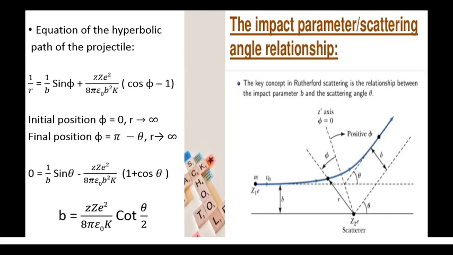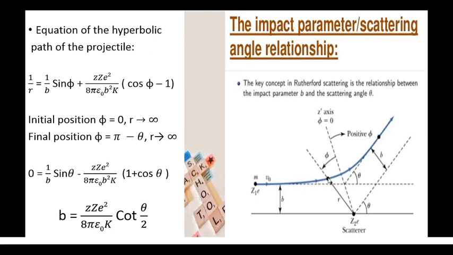Here we know that b is the impact parameter and theta is the scattering angle. And now what is phi? You can find out what phi is from the figure, isn't it?